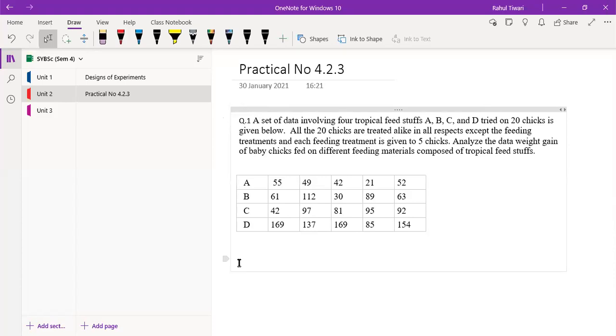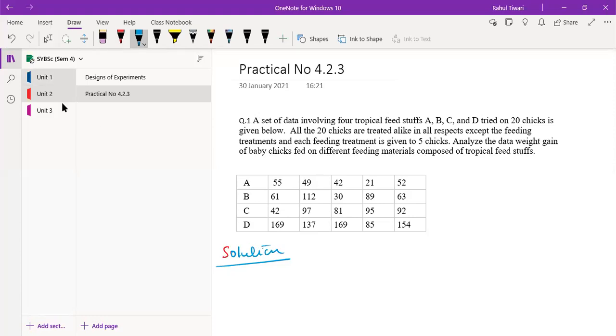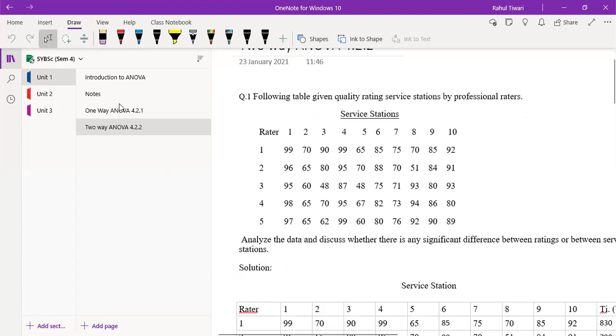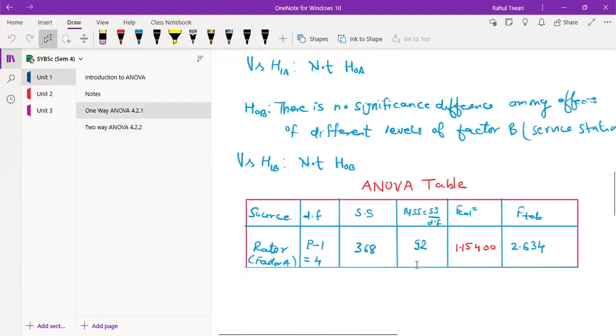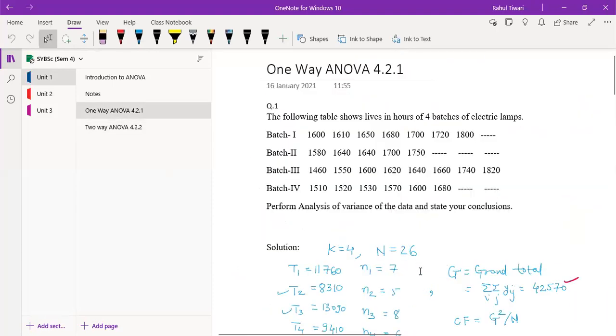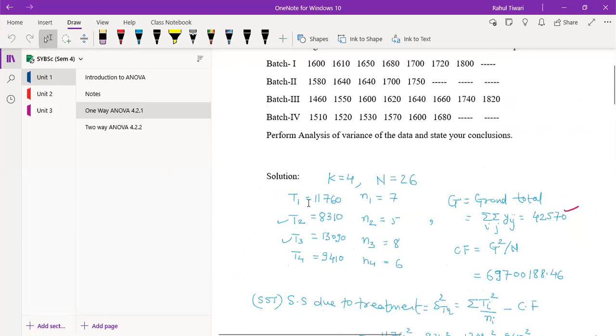See, as you did, if you remember how to do that problem of one-way ANOVA, same way you have to proceed. Okay, so just calculate first how you use that treatment.